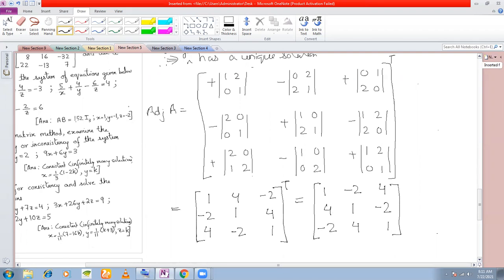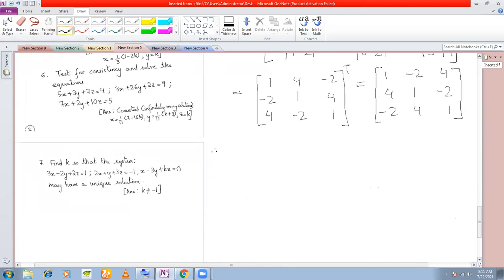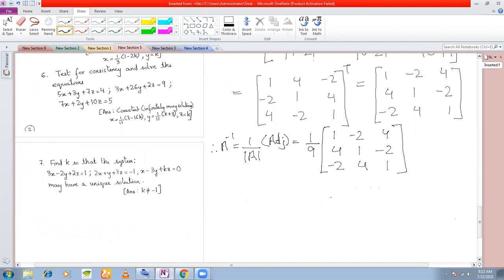So this is the adjoint that we are getting. So therefore, what should be A inverse? 1 by determinant value of A into the adjoint of A. And how much have we got the determinant value? We had got it above as 9. So this is our A inverse.